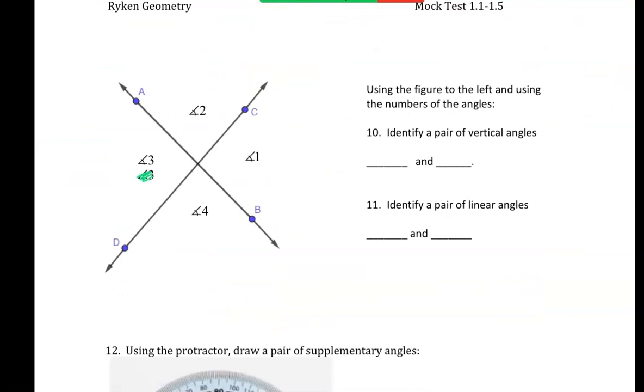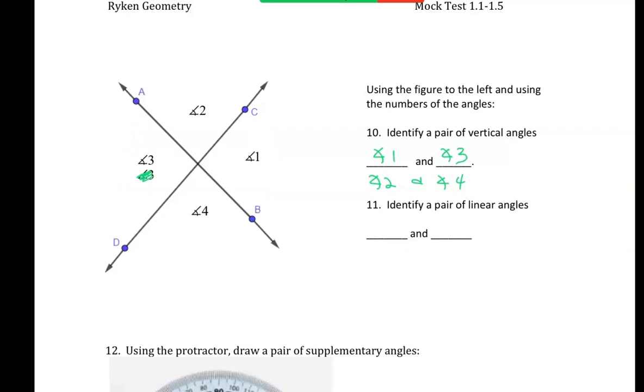Using the figure to the left and using the numbers of the angles, identify a pair of vertical angles. Okay, this angle and this one are vertical. So angle 1 and angle 3, but also angle 2 and angle 4 are also vertical. Okay, now next, I want to identify a linear pair.